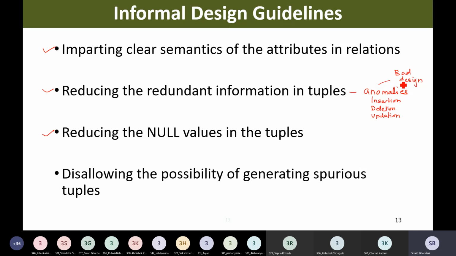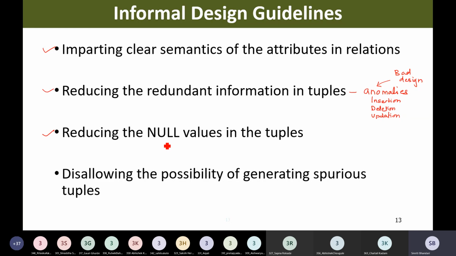Bad design of our relations will result in anomalies of three kinds: insertion, deletion, and updation, right? So we should avoid such anomalies, and we should design the database or the relations systematically so that we do not have any redundant information.